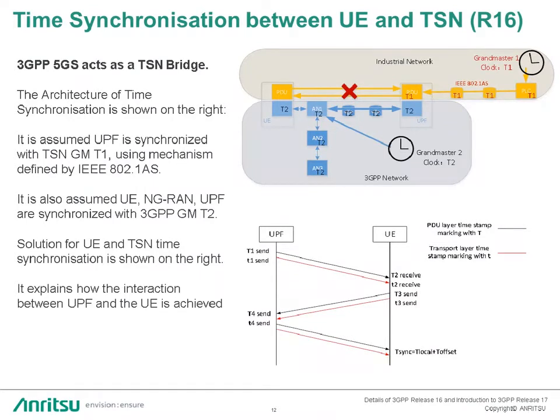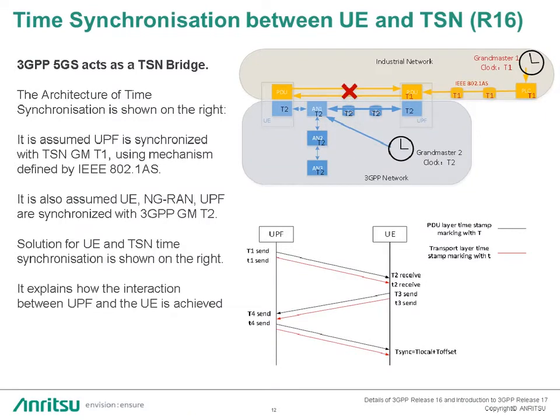The below in the grayish color is the 3GPP network. So both these networks have got two different clocks, and as you can see on the left hand side we have got the UE, which is no longer connected inside the industrial network by a cable.